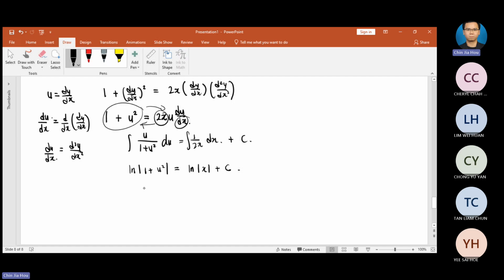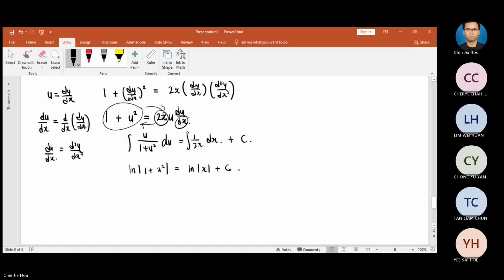Now you have initial conditions, right? You have the plus c. You want to get the c first. Of course, you can substitute u equals dy/dx right back in, but that doesn't help you much.